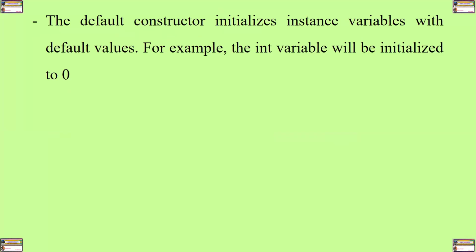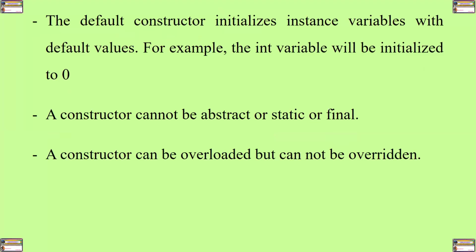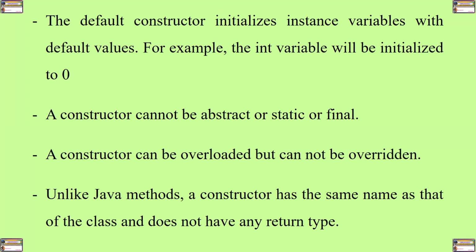For example, the int variable will be initialized to 0. A constructor cannot be abstract, static or final. A constructor can be overloaded, but it cannot be overridden. Unlike Java methods, a constructor has the same name as that of the class and does not have any return type.